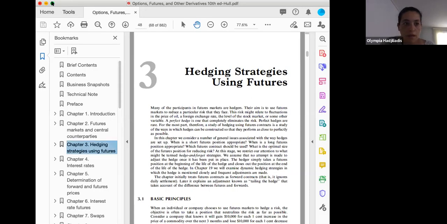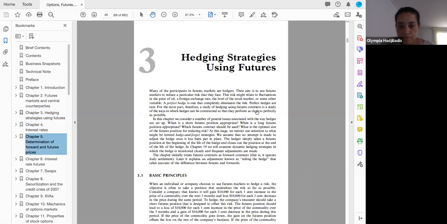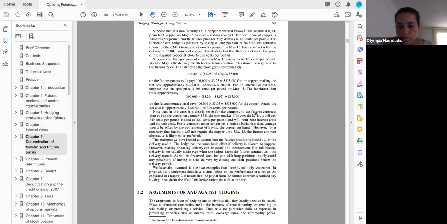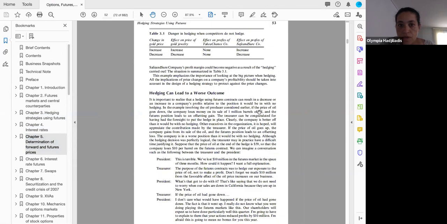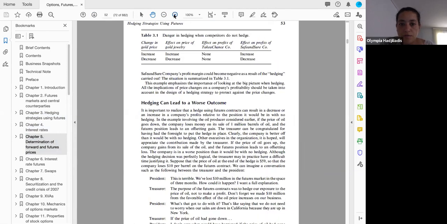So chapter 3. Share the screen. And we go to table 3.1. So here we have table 3.1.